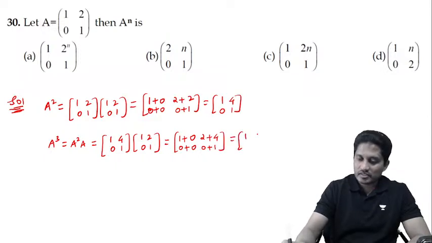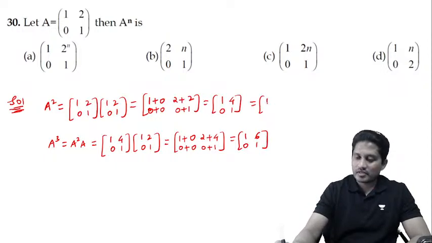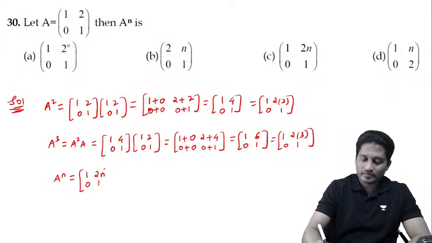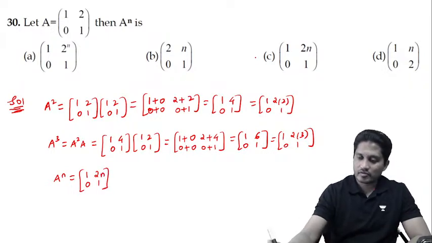You will get 1 6 0 1. This is same as 1, 2 into 2, 0 1. This is 1, 2 into 3, 0 1. Similarly, if I take A to the power n, this will be equal to 1, 2n, 0 1. Right, answer will be option C.